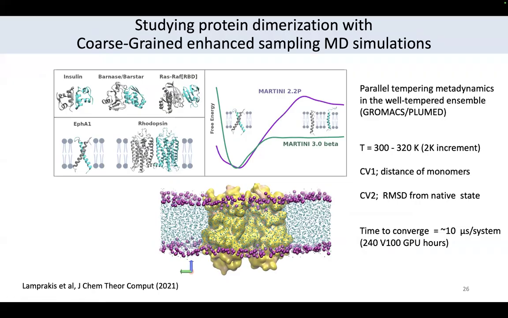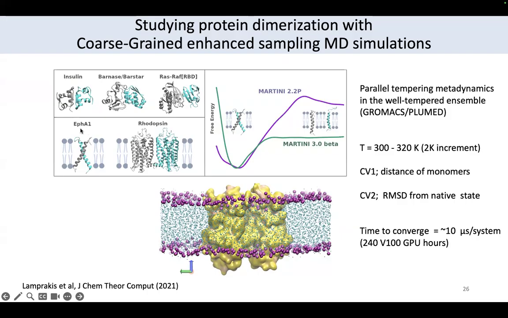These have known structures, experimentally resolved, and most of them also have known experimental free energies of dimerization. The insulin dimer, the Barnase-Barstar dimer, and the RAS-RAF dimer are all water-soluble proteins. And we also took 2 membrane proteins.